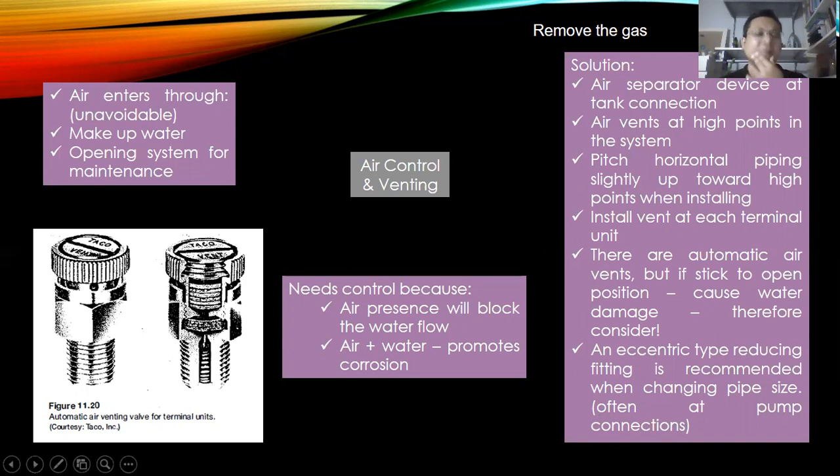As I mentioned before, the air trapped in the piping system will drop the pressure because air is compressible. So when it is trapped inside the piping, the pressure will be reduced, due to the compressible properties of the air.